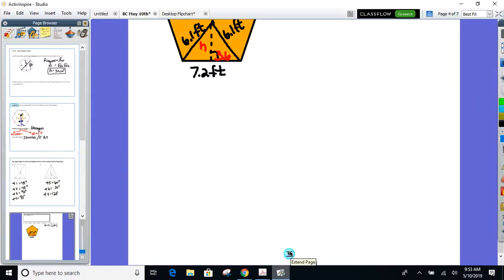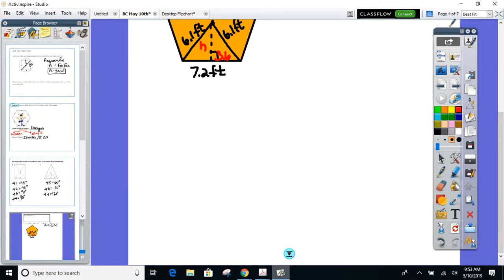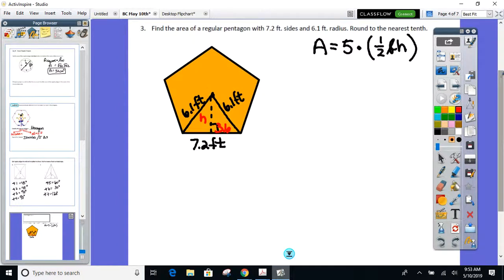Everyone, hey, stop me now here. Because this is what we can do for all of them. So area, oh, I got to do Pythag first, sorry. So h squared plus 3.6 squared equals 6.1 squared. Make sure the 6.1 is in for C, the hypotenuse.